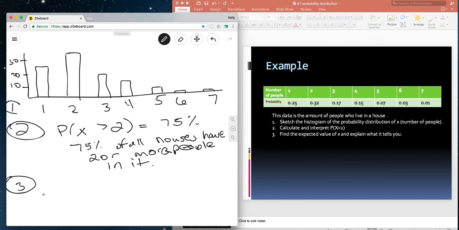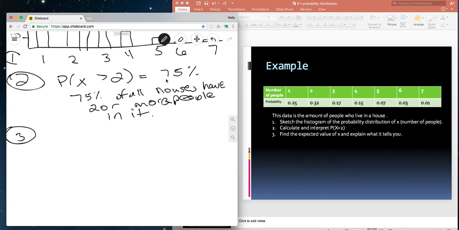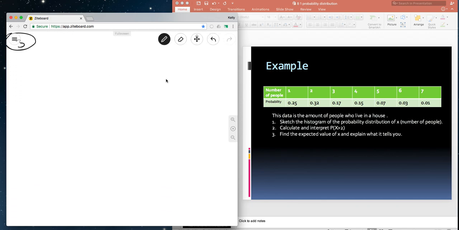Number 3, find the expected value of x and explain what it tells you. Once again, expected value, we're going to multiply straight down all of these numbers. This is what we're doing here. So, let me give some more space.